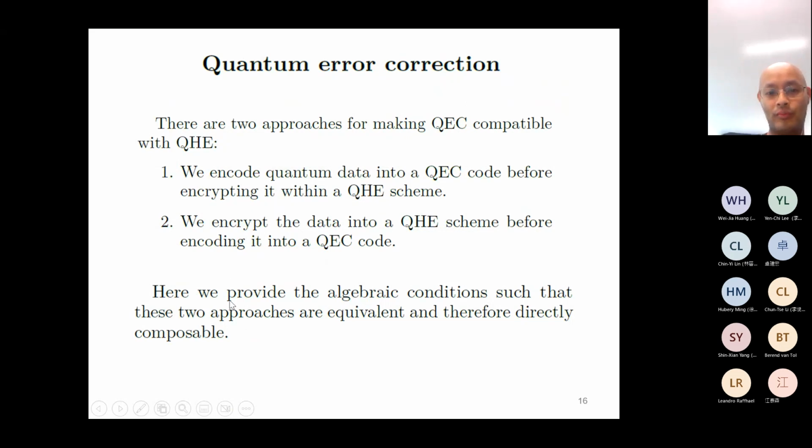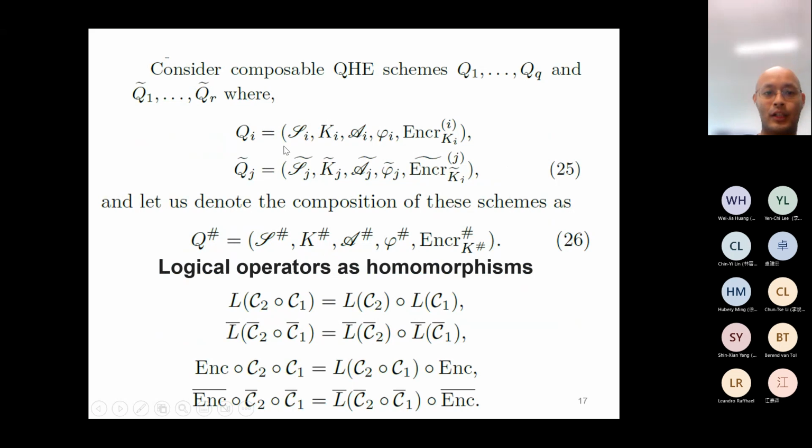In the next part, we're going to give some conditions where these two approaches are equivalent. And when they are equivalent, it makes understanding things nice. Basically, you're going to put some QHE schemes together.